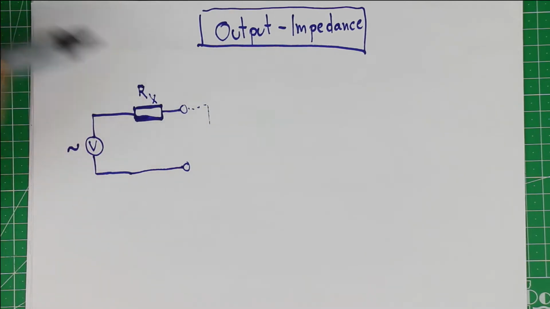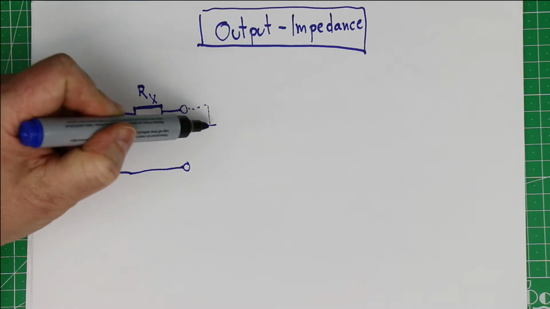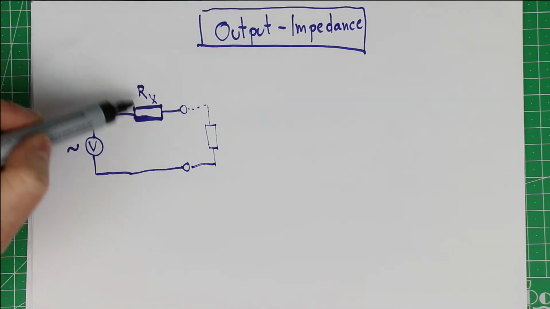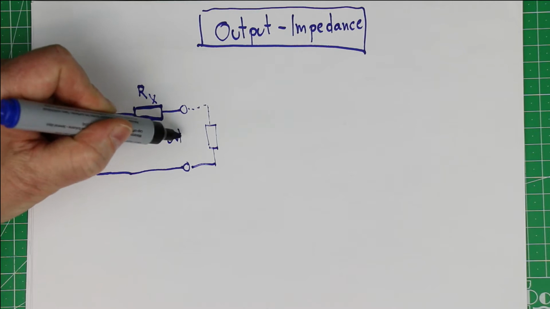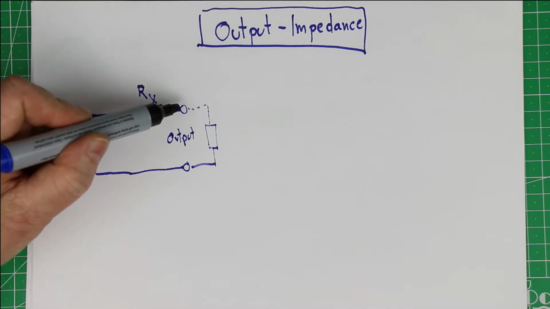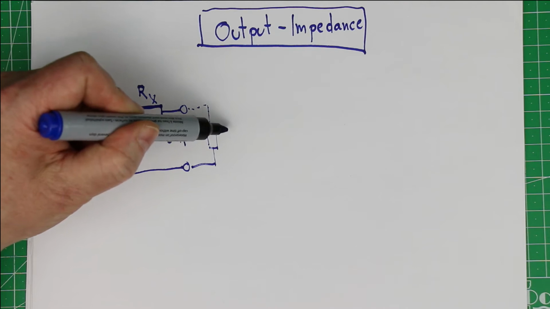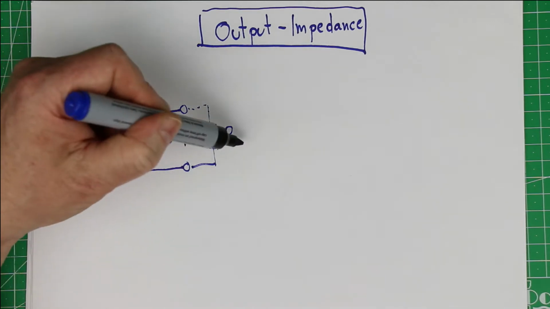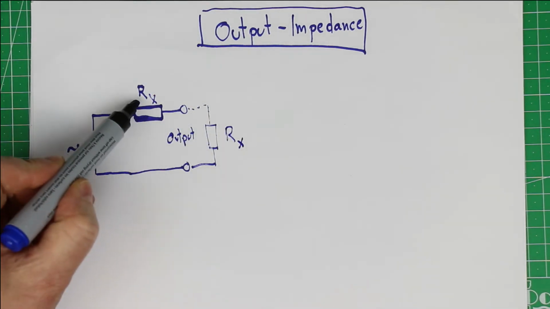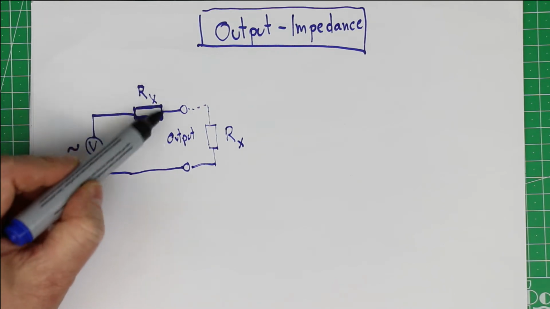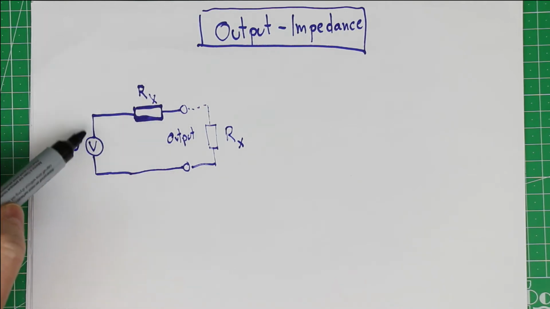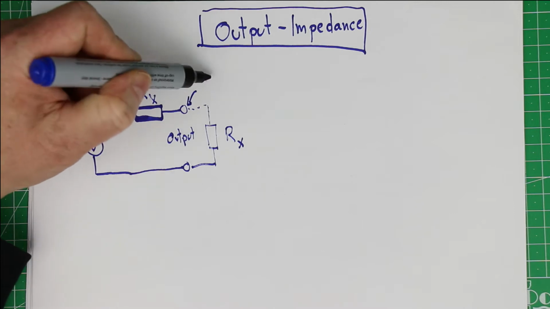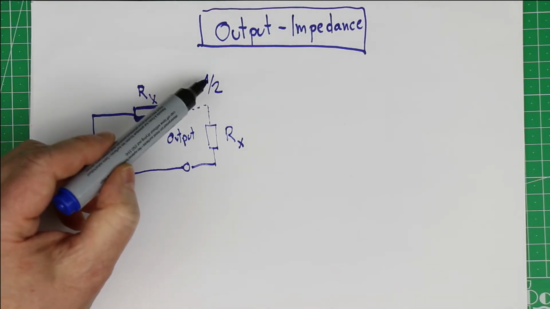Suppose you have here your unknown output impedance, and now you put a load resistor to your output, and without much calculation, if your test resistor, which represents the load, is the same as the unknown output impedance of your source, then the voltage at this point will get divided by 2.